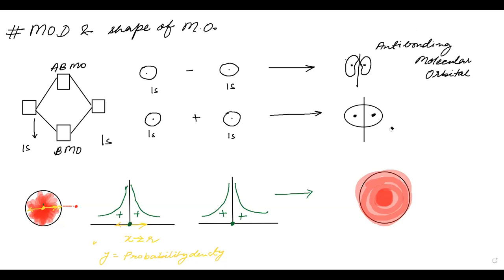When it gets lighter, what does it mean? It means that the probability of finding an electron decreases. Okay.